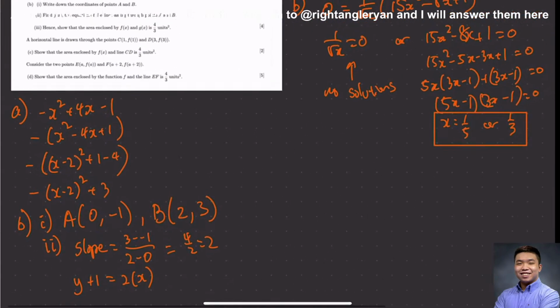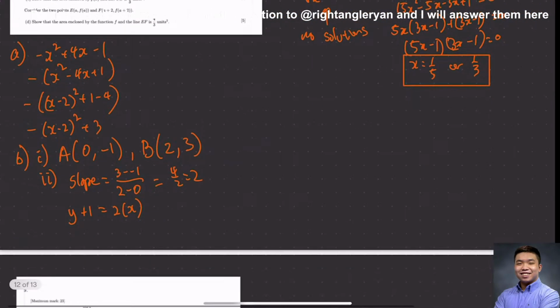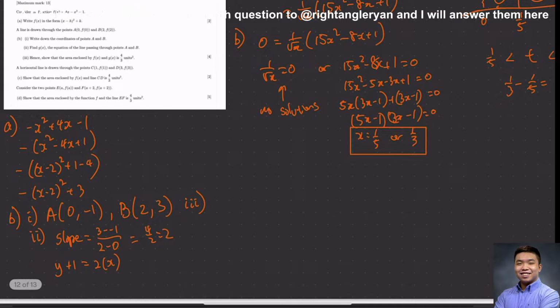Part 3. Hence, show that the area enclosed by f and g is 4 over 3 units.